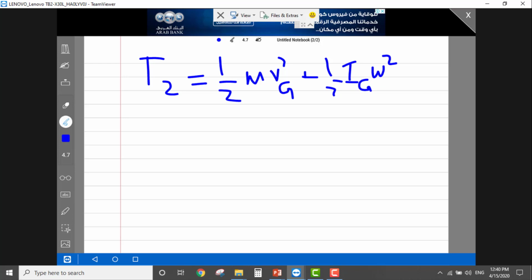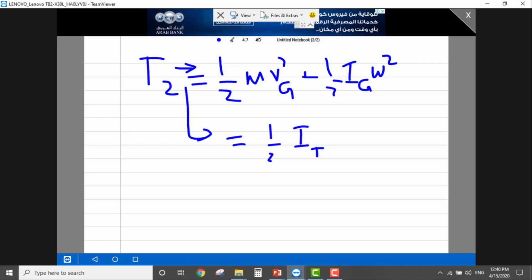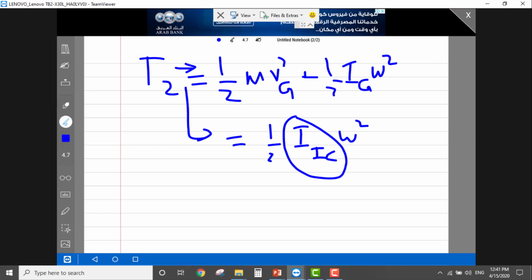Either I substitute this equation, or I can go directly and say half I with respect to the instantaneous center of zero velocity multiplied by omega squared. Why IC? Because this is general plane motion for a wheel that rolls without slip, so there is an instantaneous center. Let me stick to the first format.